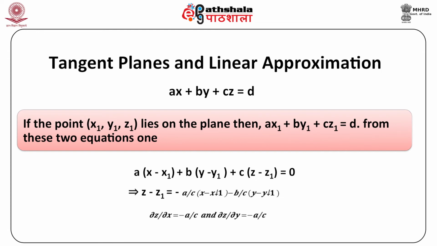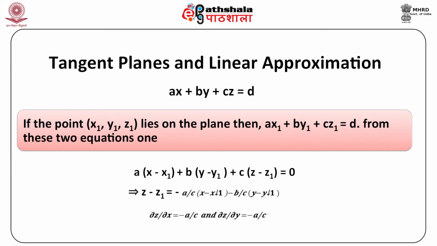From these equations, one can write a(x minus x1) plus b(y minus y1) plus c(z minus z1) is equal to 0, which implies that z minus z1 is equal to minus a by c (x minus x1) minus b by c (y minus y1).